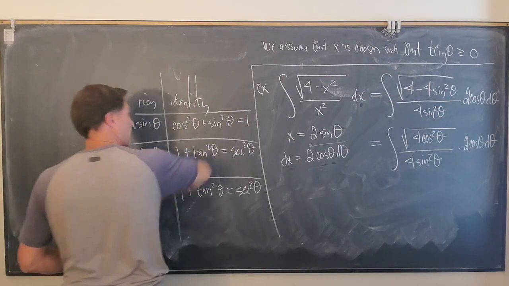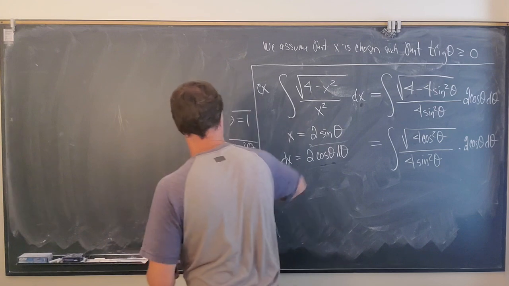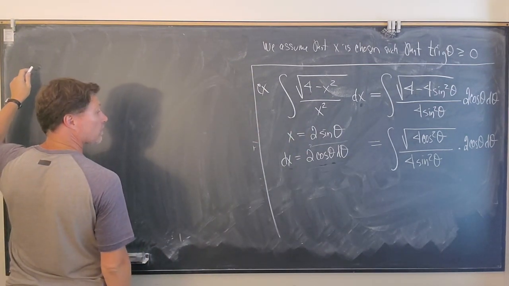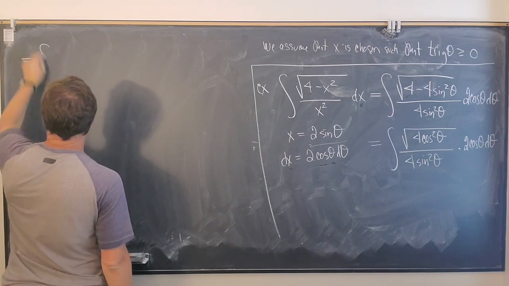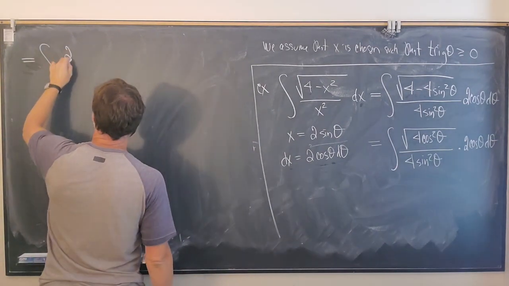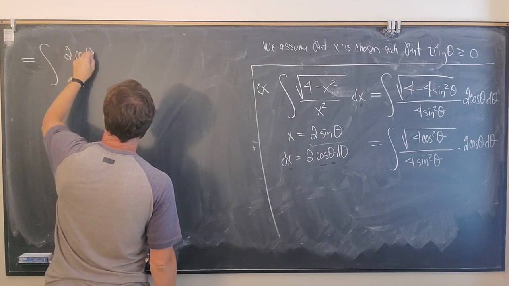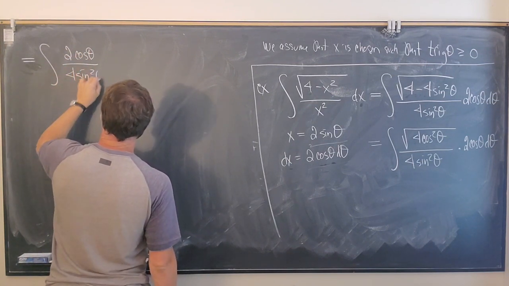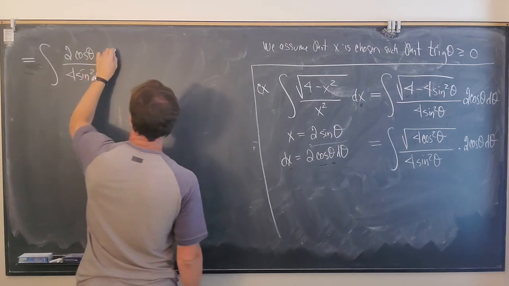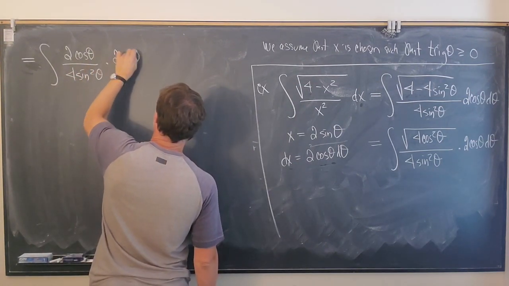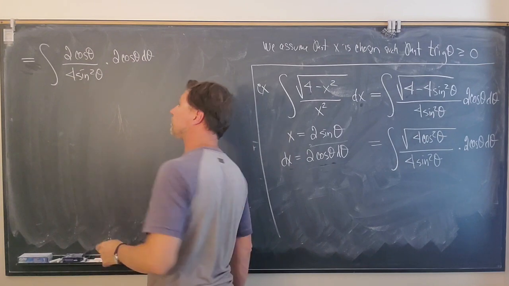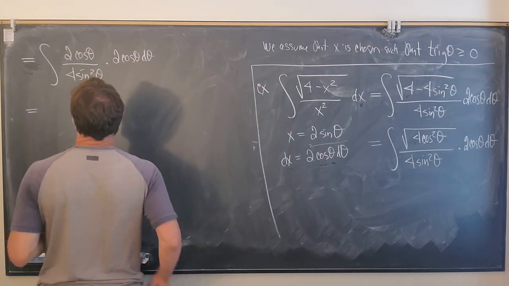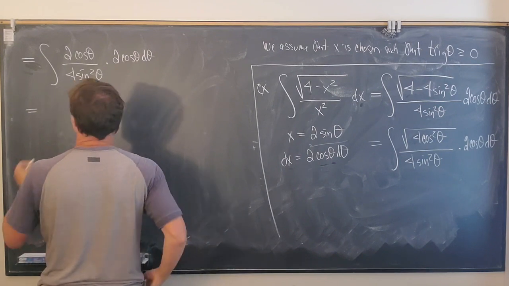So let's keep going now. Things are going to start falling apart. So this then becomes 2 cosine theta over 4 sine squared theta times 2 cosine theta d theta, which we can then write as, well, okay, let me just write it like this.